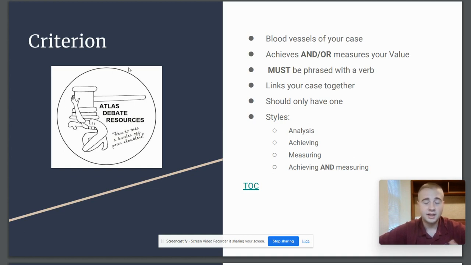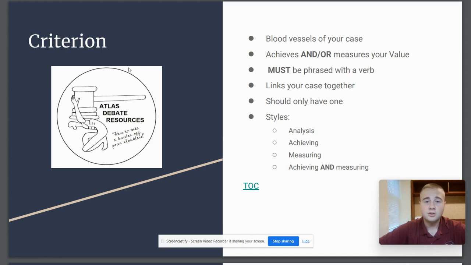What that means is, like I said, values are very abstract concepts. Criterion is what shows us what specific part of the value we're talking about. So if we're talking about the grand scheme of justice, your criterion can limit down justice to specifically distributive justice or criminal justice or retributive justice, things like that.